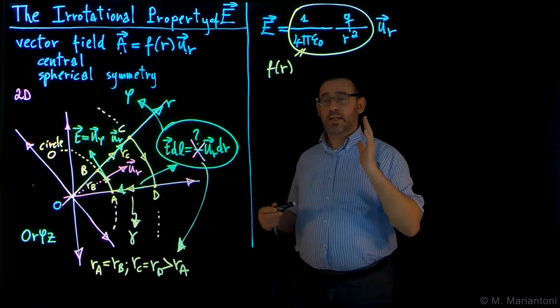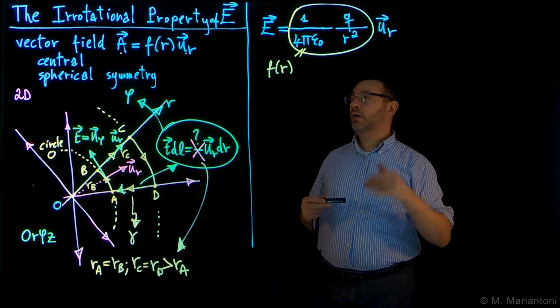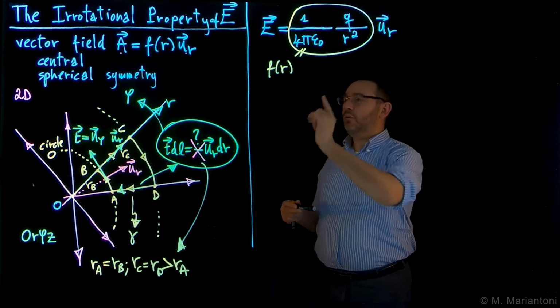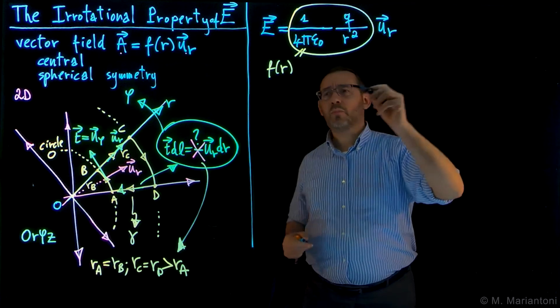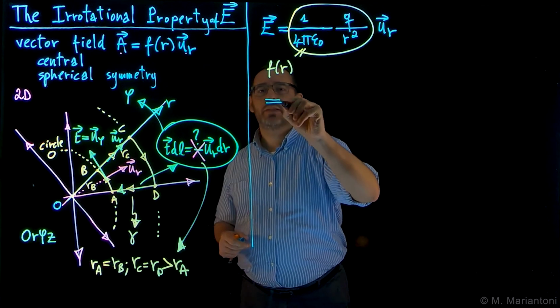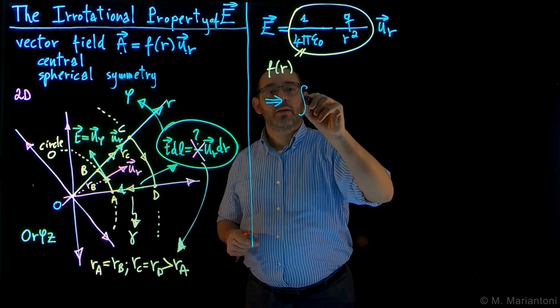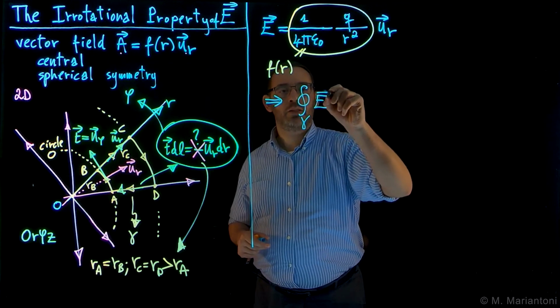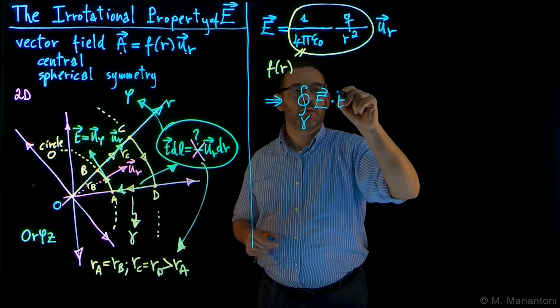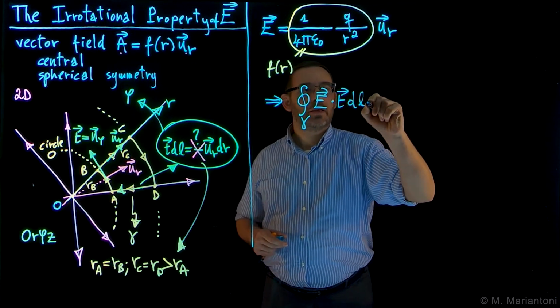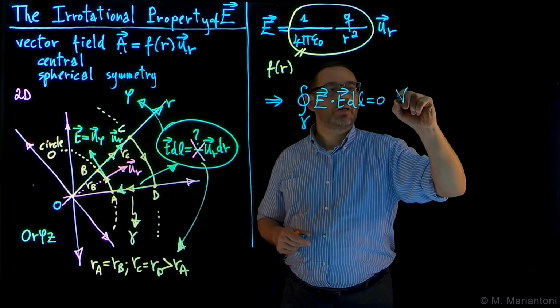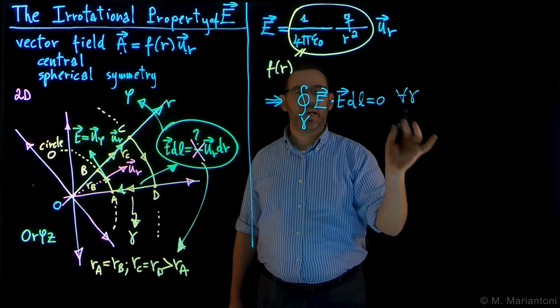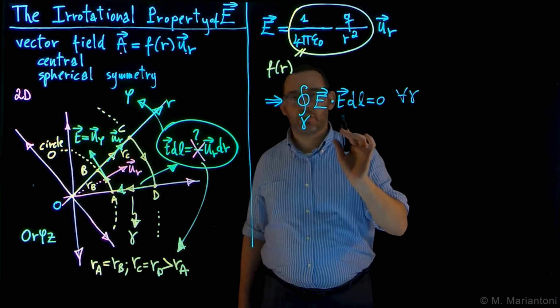So the electrostatic field E, according to Coulomb's law, is a central vector field with spherical symmetry. This implies that the circulation along gamma of E dot t dl is equal to 0 for each line gamma, anywhere in space, okay?